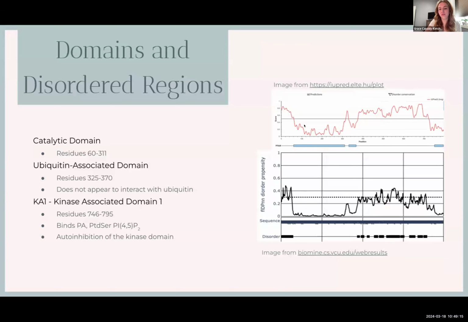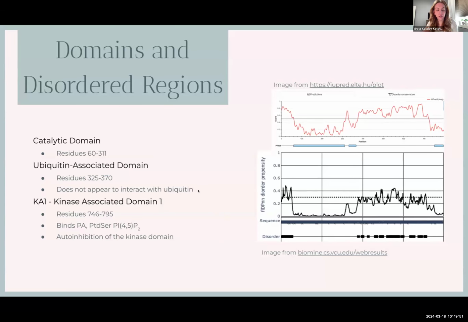Here we have screenshots of the disorder of the overall protein and the domains. Its catalytic domain is found from residues 60 to 311, with a ubiquitin associated domain quickly following from residues 325 to 370, and it doesn't actually appear to interact with ubiquitin and instead is more involved in the conformation and localization of the protein, as it is found within the cytosol, though can be peripherally membrane associated.